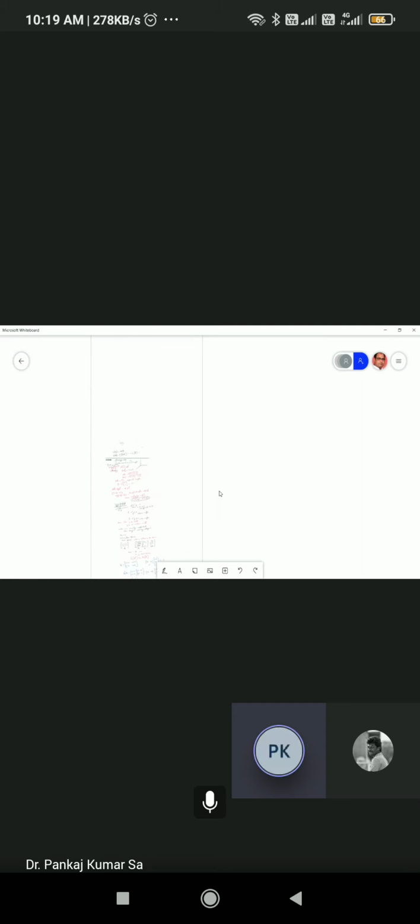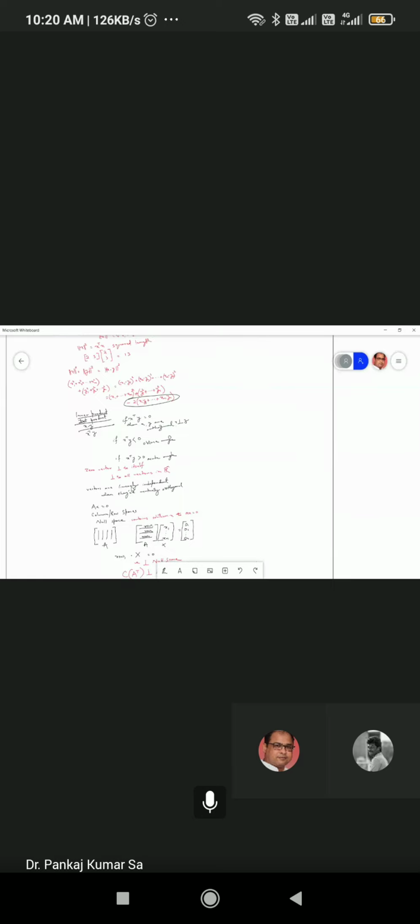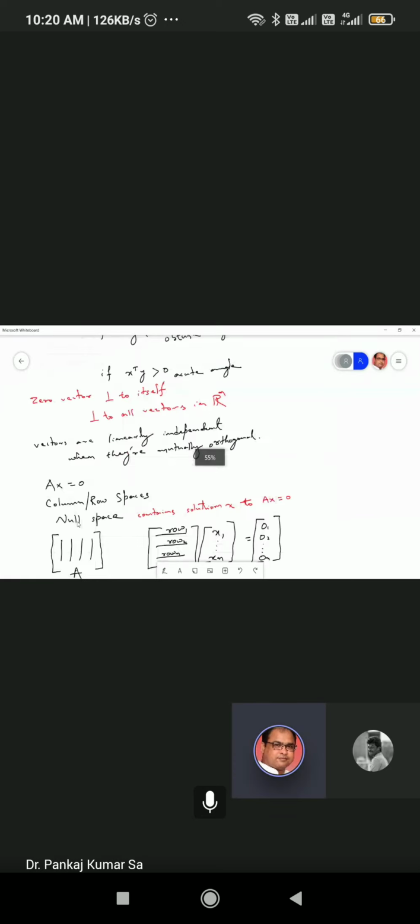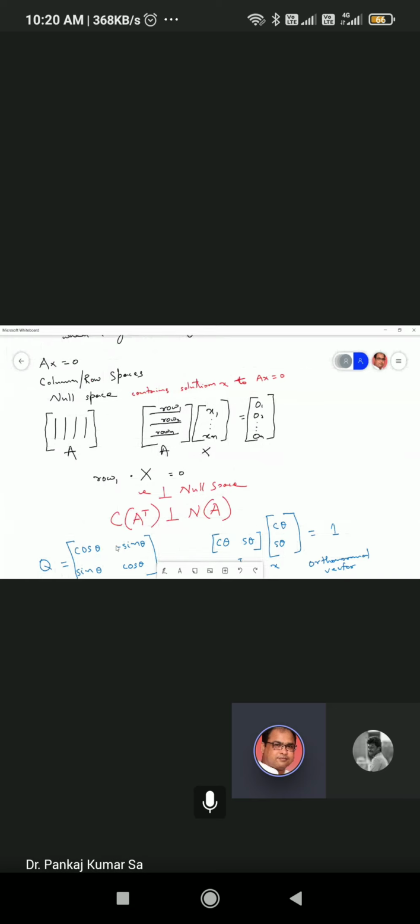If you go back to the previous class notes, the null space contains solution x to ax equal to 0, and the column space of A transpose, or the row space, is perpendicular to the null space.